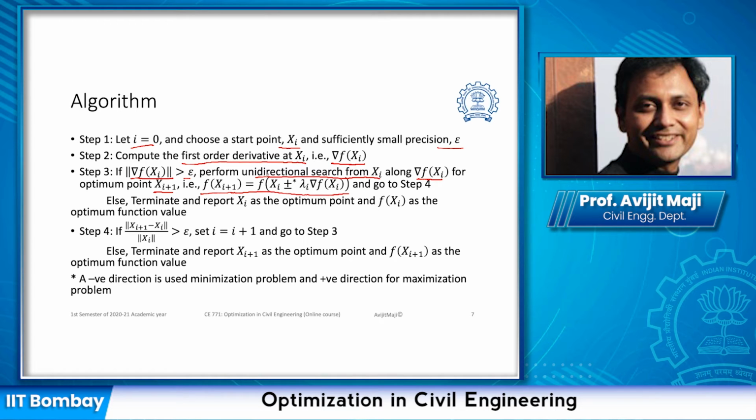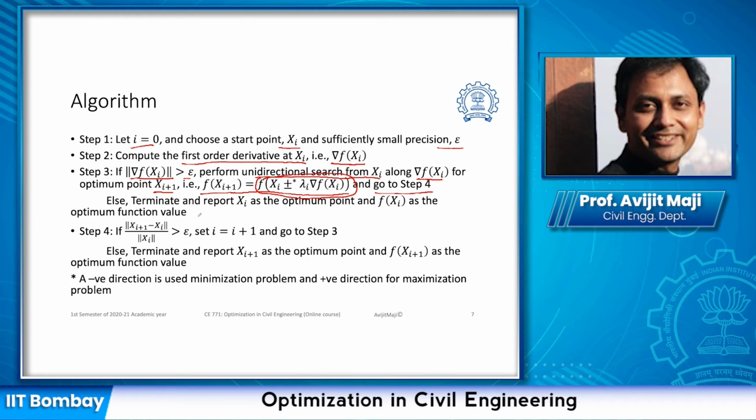If we solve this particular equation, we can optimize the lambda value, and once we optimize the lambda value, we get the new point, and once we get the new point, we move to step 4.